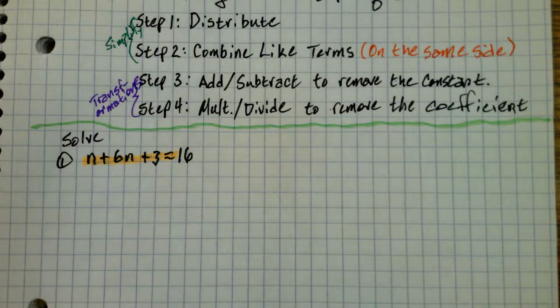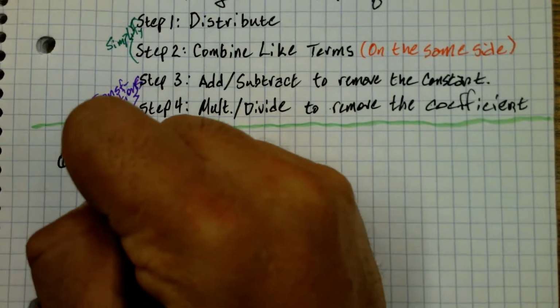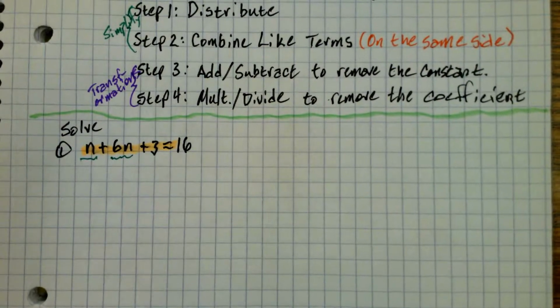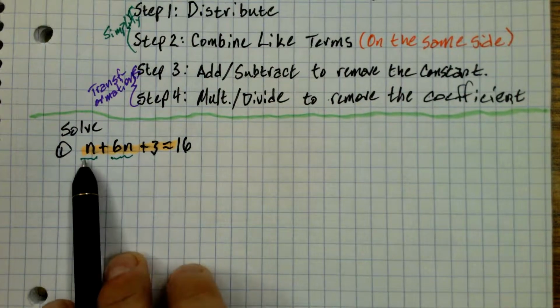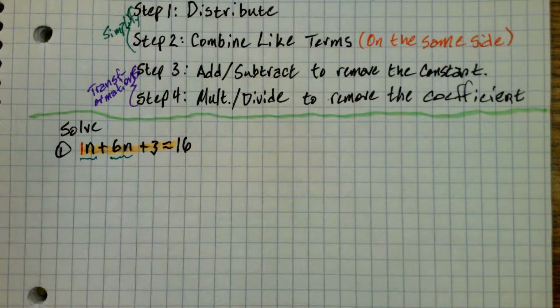So let's do that. Let's take this n and combine it, or add it in this case, with 6n. Let me remind you of something though. What number goes in front of this n if it doesn't have it? It has a coefficient of 1. So now we're talking about 1 plus 6, 7.